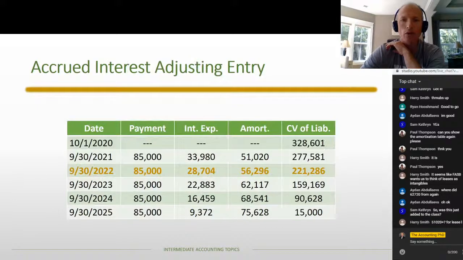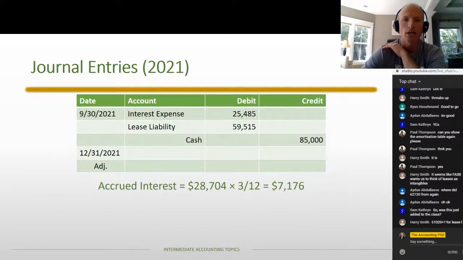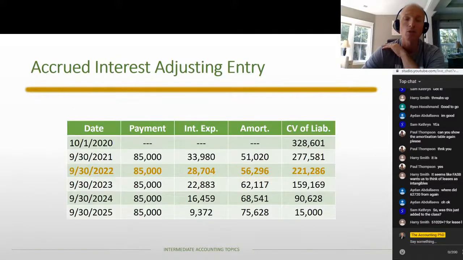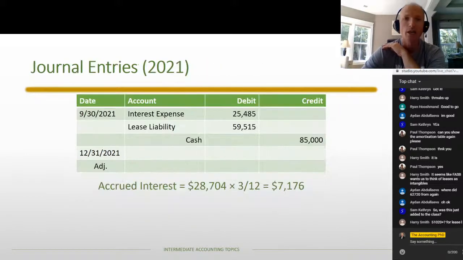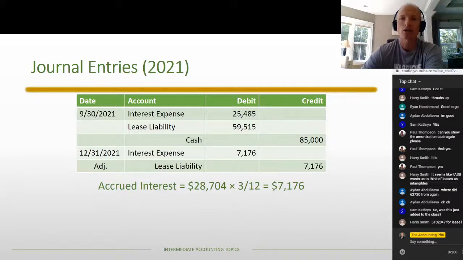We take the full amount, the $28,704 from that interest expense column, and understand that between September 30th, 2021 and December 31st, 2021, we need to accrue 3 months interest. So we take $28,704, multiply it by 3/12, and that's where we get $7,176 in interest expense. And just like we had done previously, we accrue that amount to the lease liability account because that is the only liability associated with this lease.